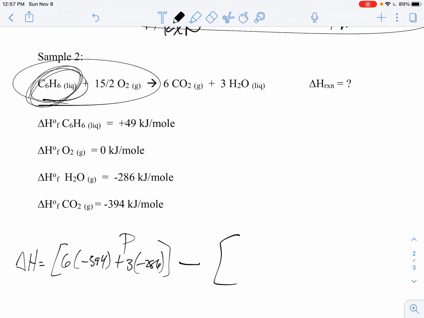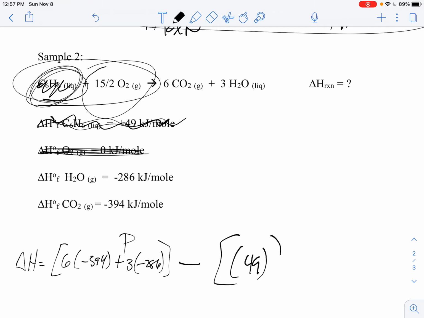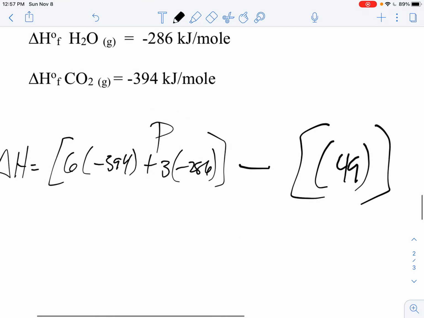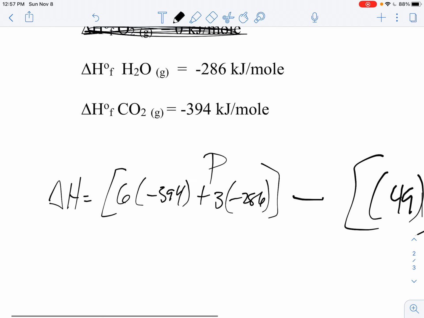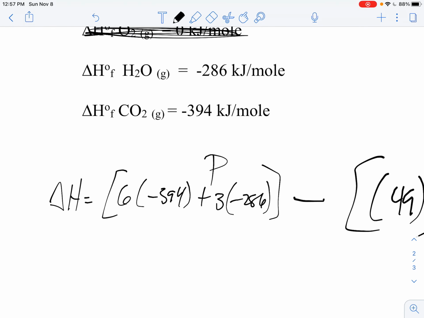So I'm going to subtract then a benzene, a liquid benzene here. So I'm going to subtract a 49. And then I'm going to subtract 7.5 oxygens. Oh, wait, it's 0 because it's an element in its standard state. So all I have to do is subtract 49 from that. So what have I got?